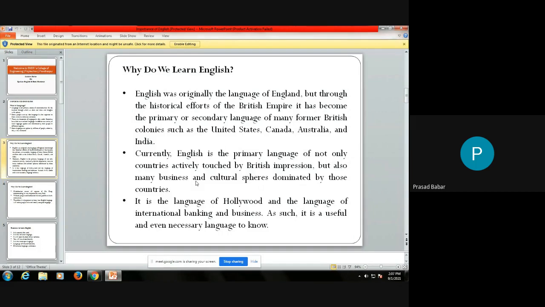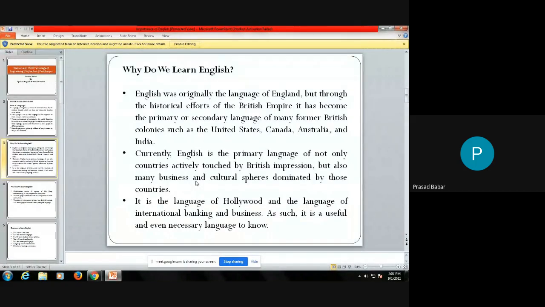Okay, so currently English is the primary language of not only countries actively touched by British impression, but also many business and cultural spheres dominated by those countries. So currently there is no difference between the countries touched by British impression or British people, but also many business and culture spheres.